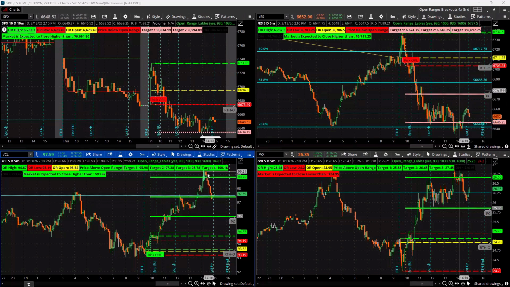Then intraday, around 2 o'clock, you can see that oil started to roll over. I don't know if it's going to roll over and go down, but we see the price of oil went from 99.2 down to 97.3, about a 2-point drop.